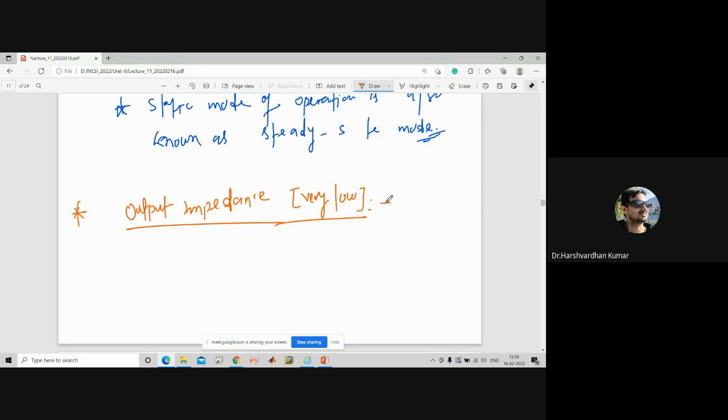Since the output impedance is very low, this is the characteristic of a CMOS device, and it is very less prone to noise.